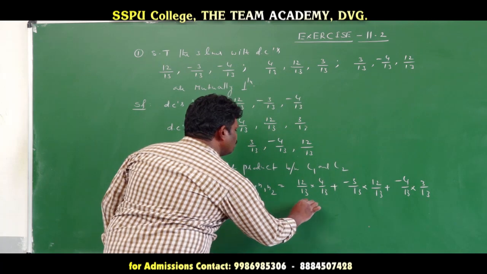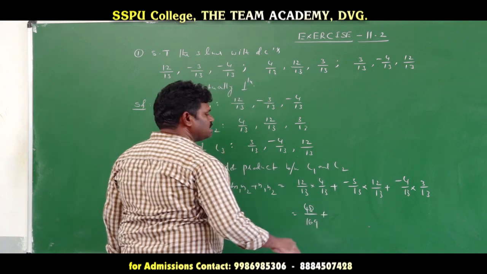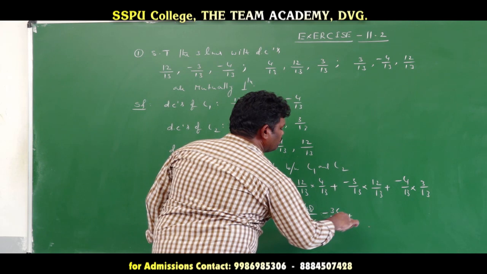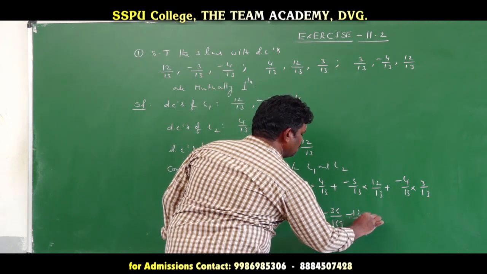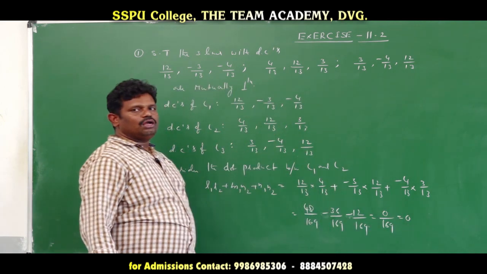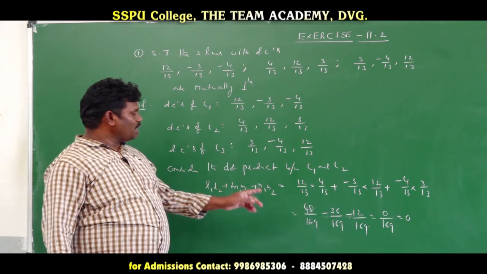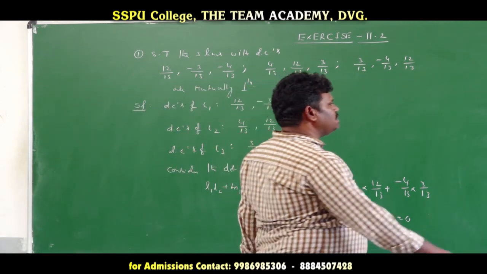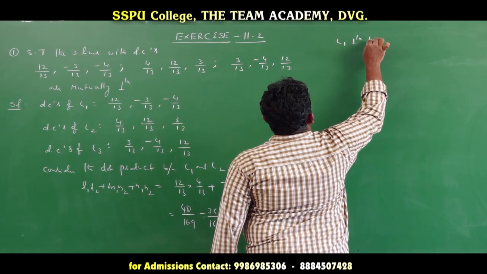That is 48 by 169 plus minus 36 by 169 plus minus 12 by 169, which is equal to 0 by 169, that is equal to 0. Now this value is equal to 0, so the angle between L1 and L2 is 0 value. So L1 is perpendicular to L2.